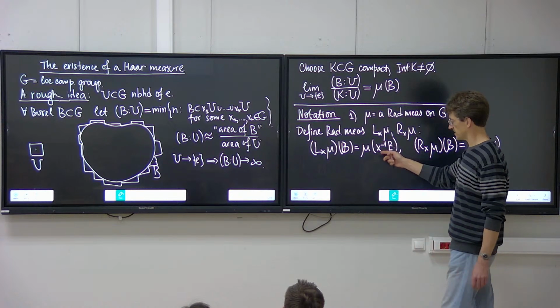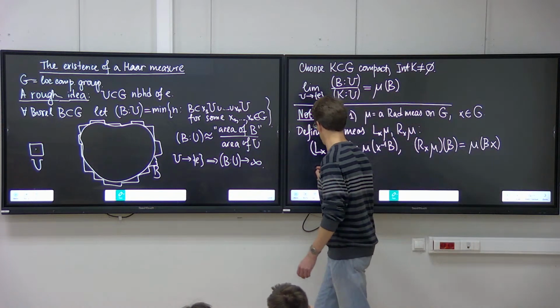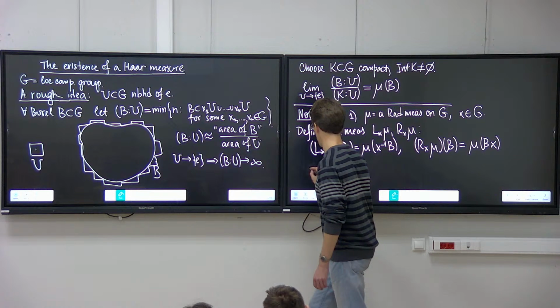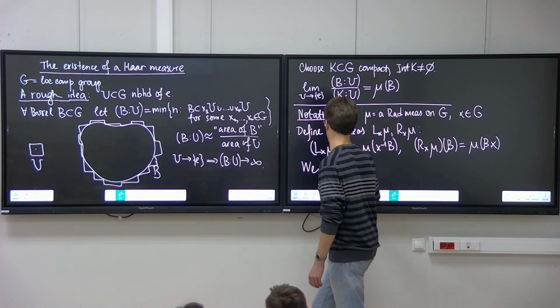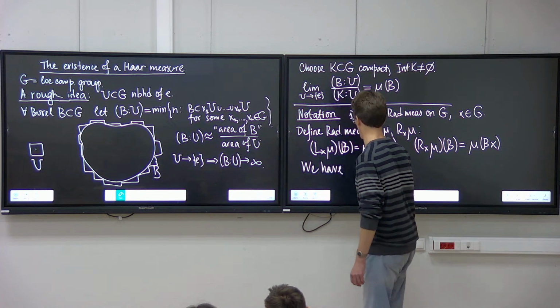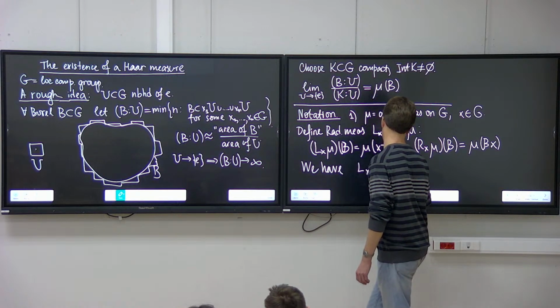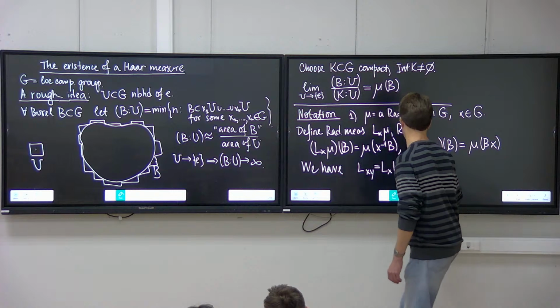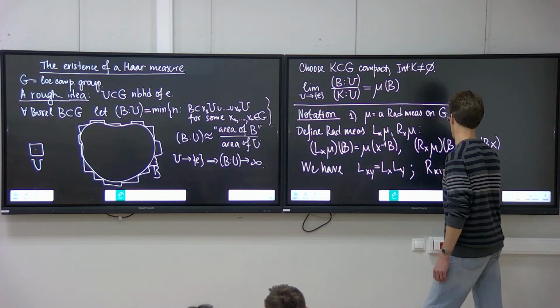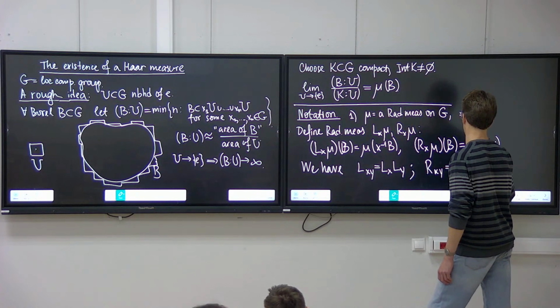The role of x inverse is clear from the following identity. We have the following easily verified equality: Lxy equals Lx Ly, and similarly Rxy equals Rx Ry.